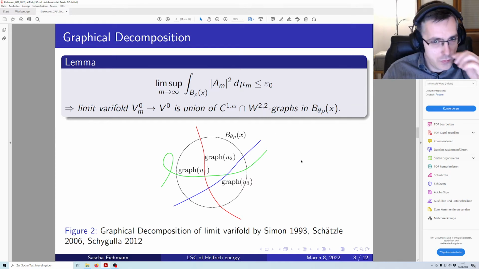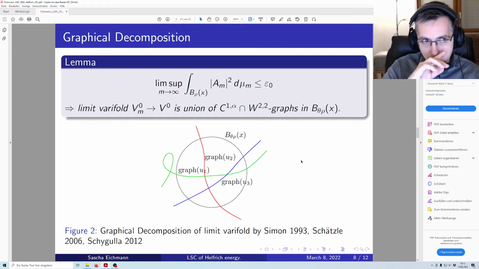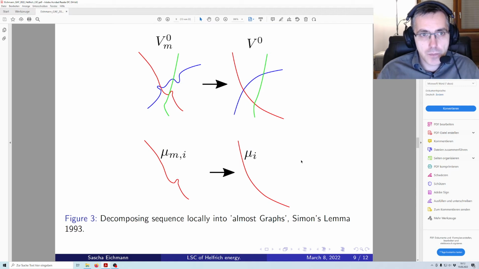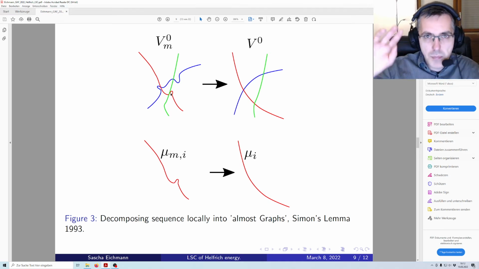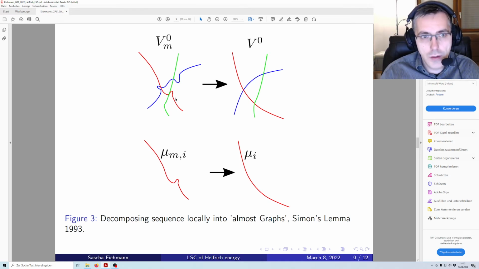Okay, why is this now useful? If you take a closer look at the proof of this, you get the following. First, you decouple your minimizing sequence into density 1 surfaces, not necessarily graphs. They may have some pimples, as they are called in Lee and Simon's paper.